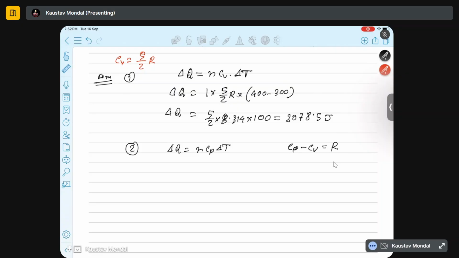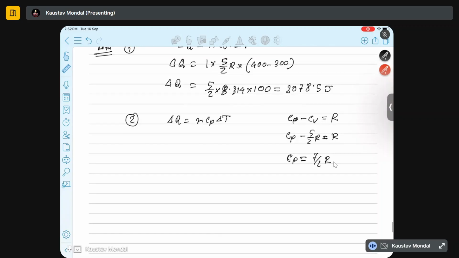So if you know Cv is 5 by 2 R, then Cp would be 7 by 2 R. This is the expression of Cp.